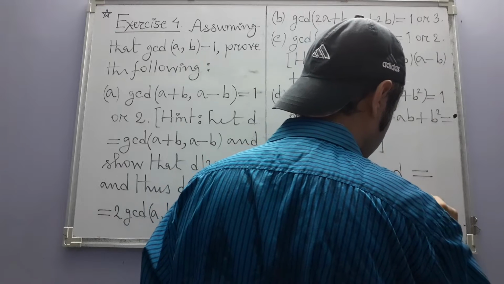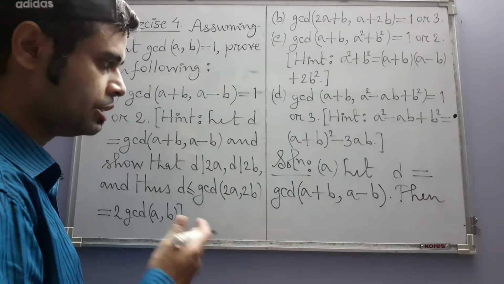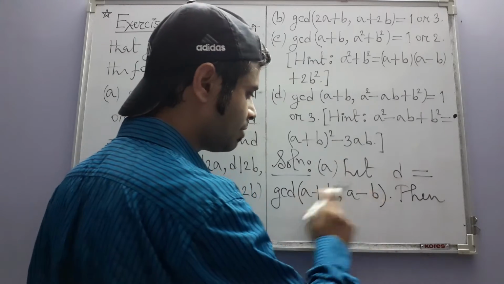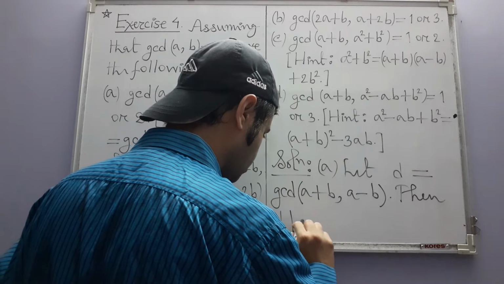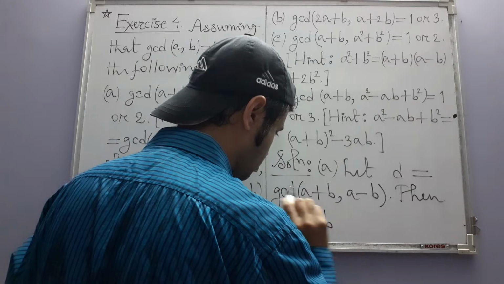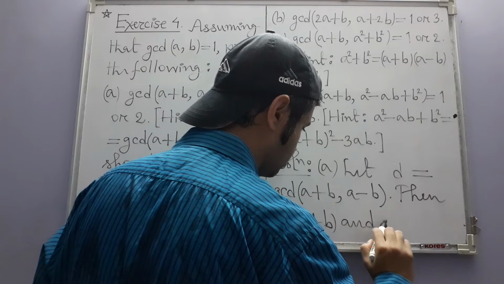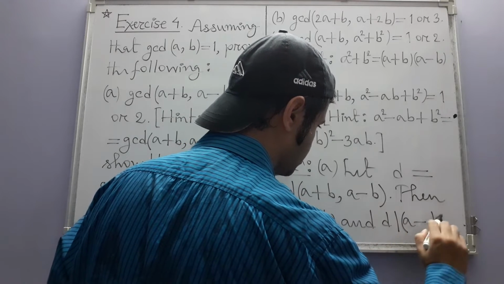Then, being the GCD of two integers, by definition D divides both of them. So D divides a plus b and D divides a minus b.